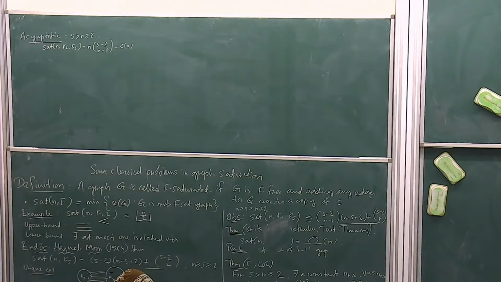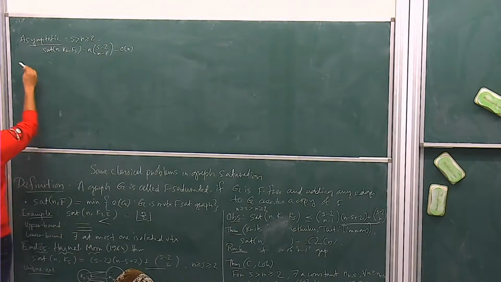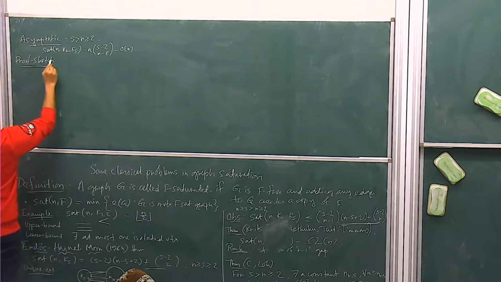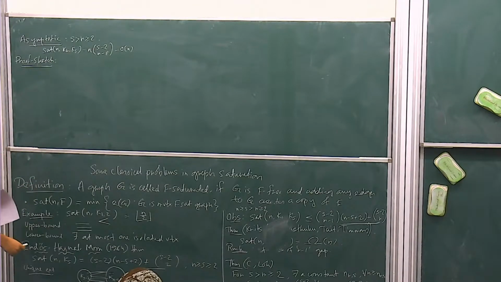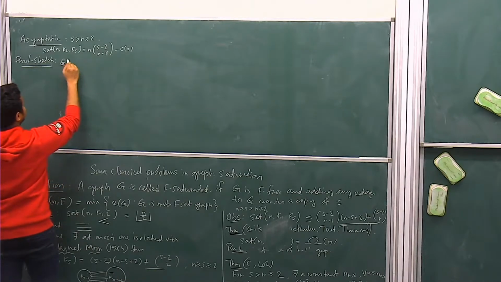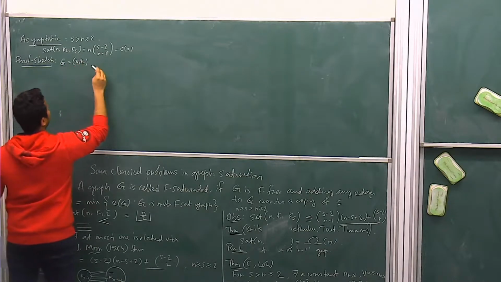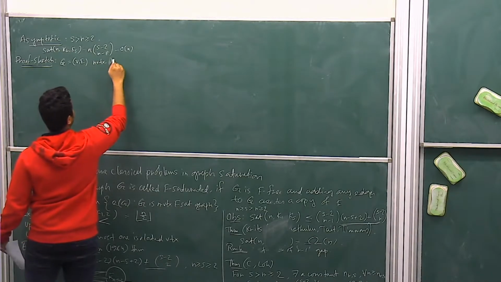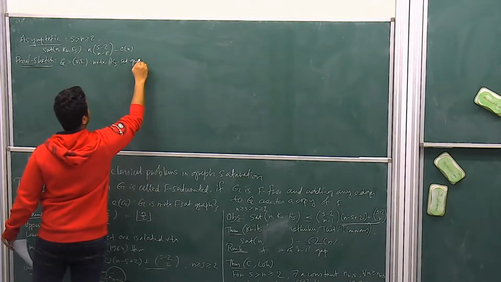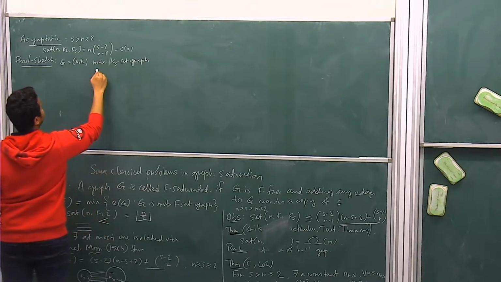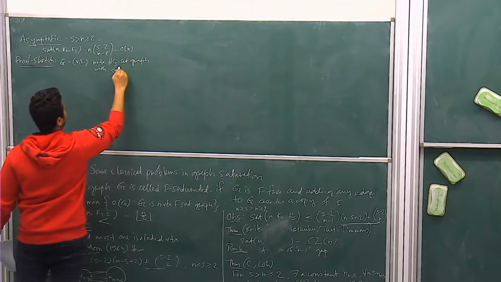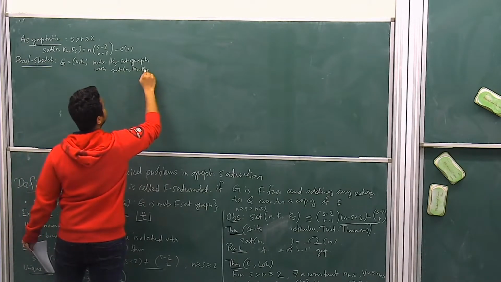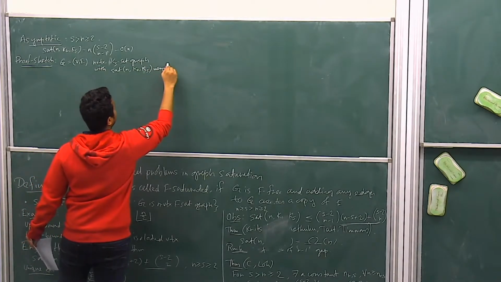Let's see how it goes. So assume G is an n vertex K_s saturated graph with this many K_r's.